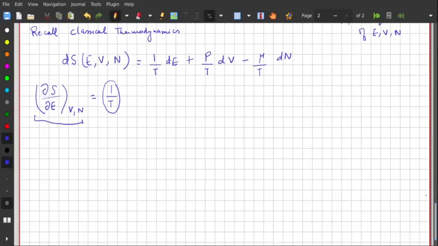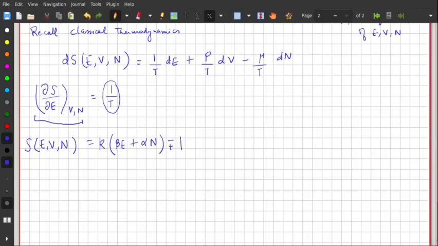So the entropy S of E, V, N is k beta E plus alpha N minus plus Boltzmann constant sum over j g_j log of 1 minus plus e to the power minus alpha e to the power minus beta epsilon_j. That's given, and let's now do the partial derivative.